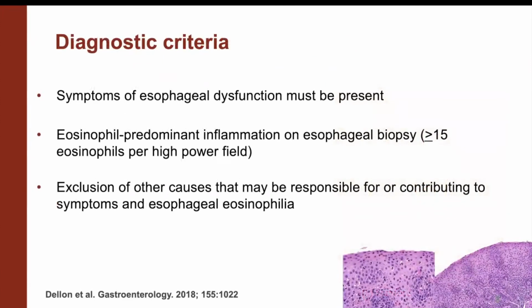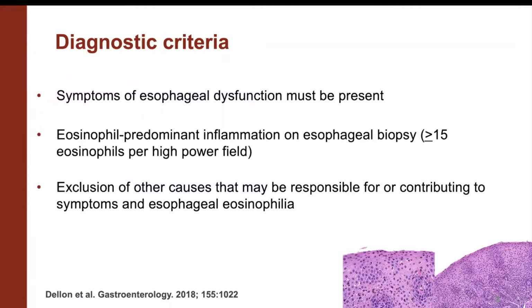And so some of our diagnostic criteria include symptoms of esophageal dysfunction, and I will talk about those in more detail in a few minutes. But things like trouble swallowing or food getting stuck could be some symptoms. And we also see an eosinophil predominant inflammation on esophageal biopsy.